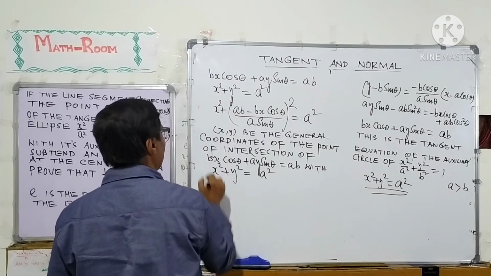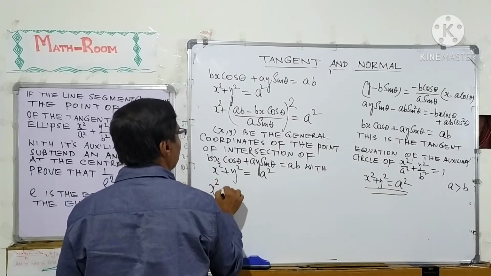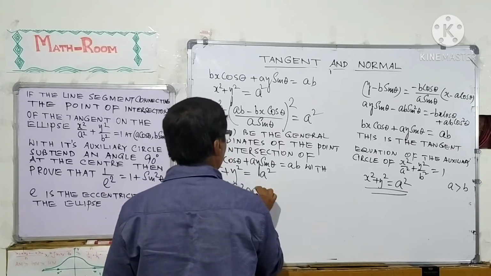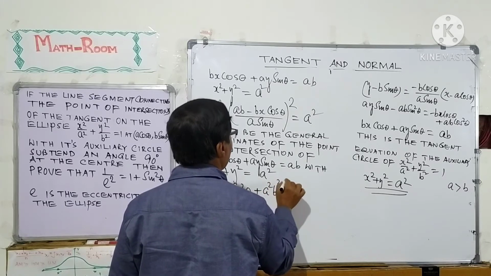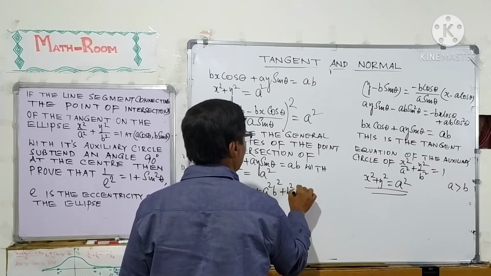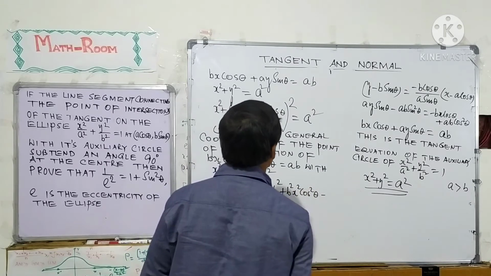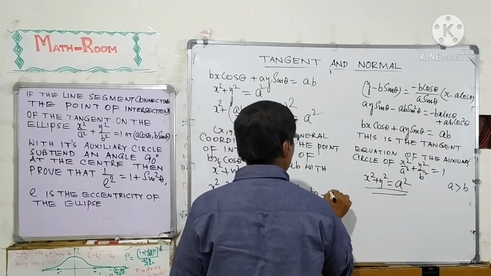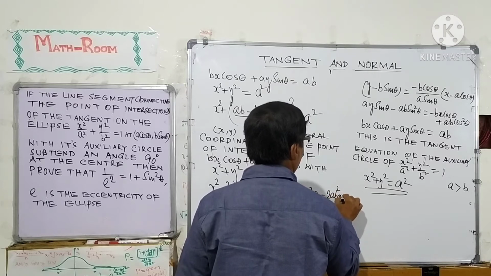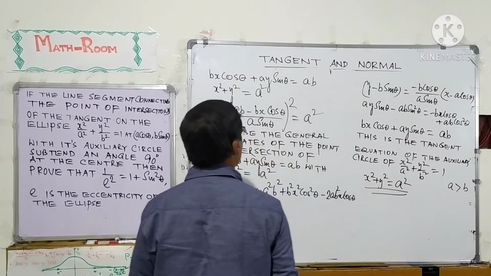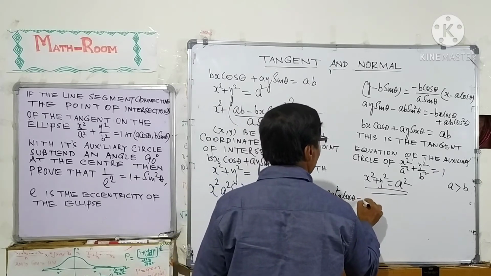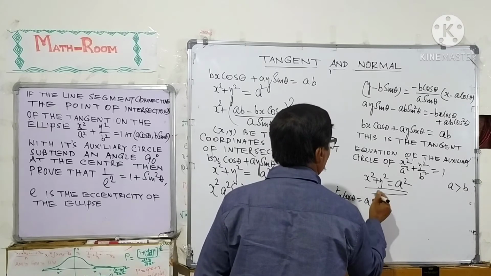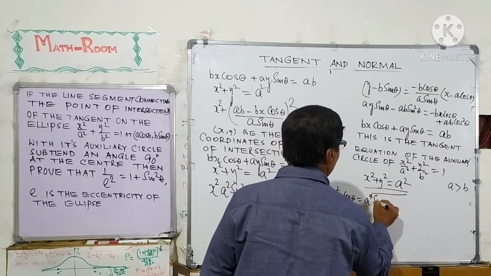Now, from this we can write x square a square sin square theta plus a square b square plus b square x square cos square theta minus 2ab square x cos theta equal to a square a to the power 4 sin square theta.